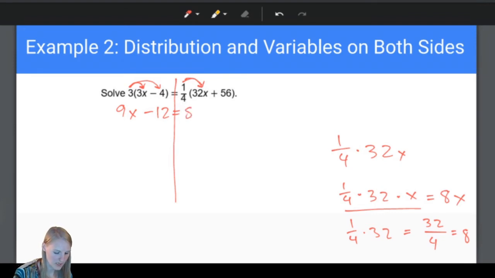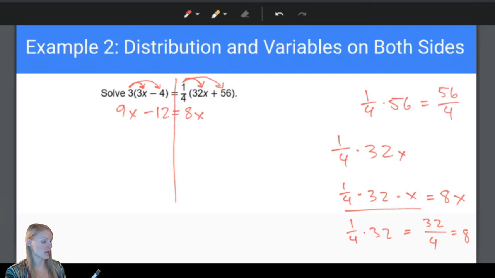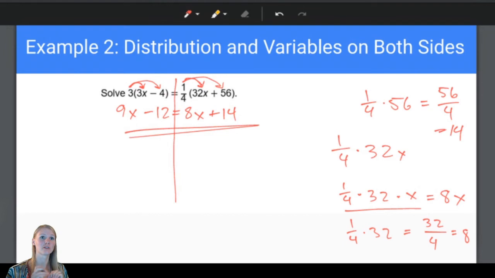Okay, so we have 8x, and then 1/4 times 56. Again, this is like 56 divided by 4, which is 14. So we have plus 14. Awesome. Okay, now that our equation is simplified, now we can start moving things around.